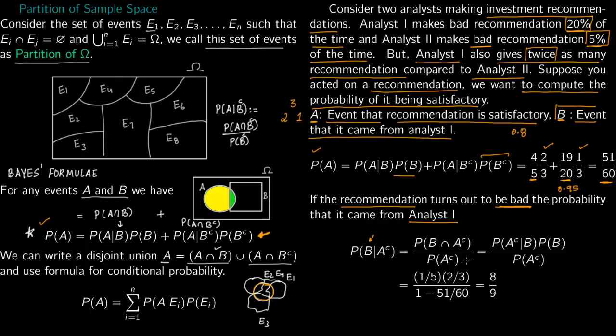So you just use the formula of conditional probability: probability of B intersection A complement over probability of A complement. Now you use the formula again.